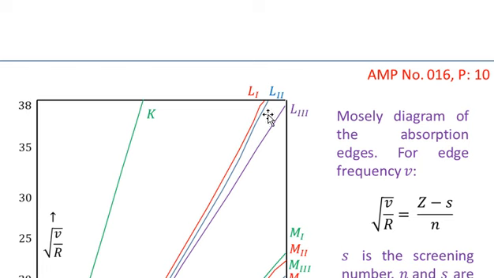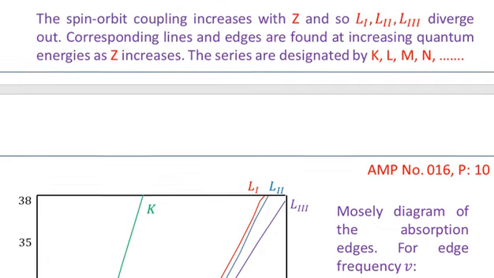We have also resolved these L1, L2, and L3 lines, because with the increasing value of Z, the LS coupling between the orbital magnetic moment and the spin magnetic moment will increase, and due to that the splitting will increase. So L1, L2, and L3 can easily be discriminated.